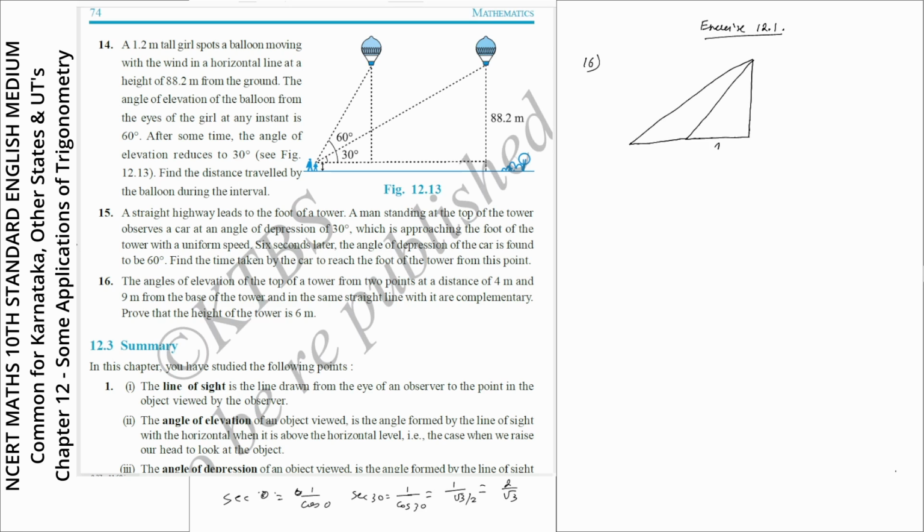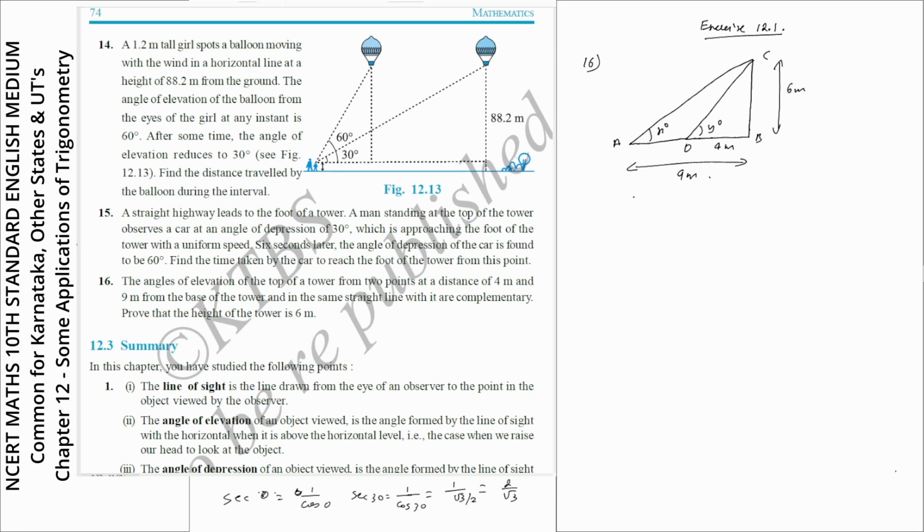So this is 4 meter and this distance is 9 meter. I'll mark these as A, B, C, and this as D. So let the angle of elevation be x degree, y degree. I should prove that the height of the tower is 6 meter.